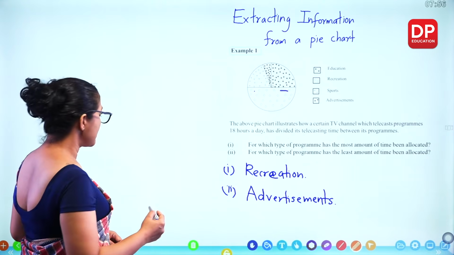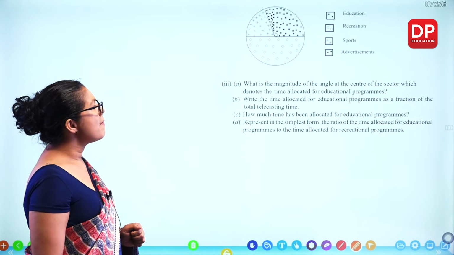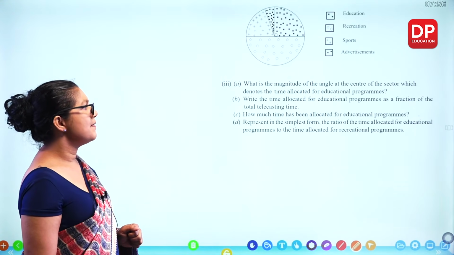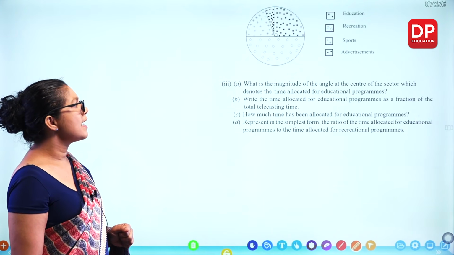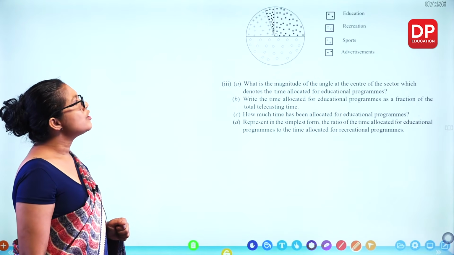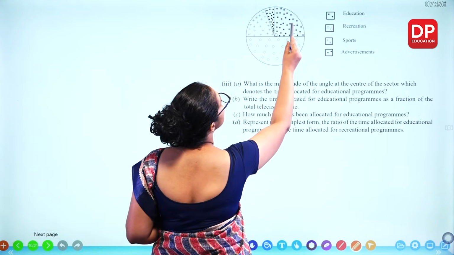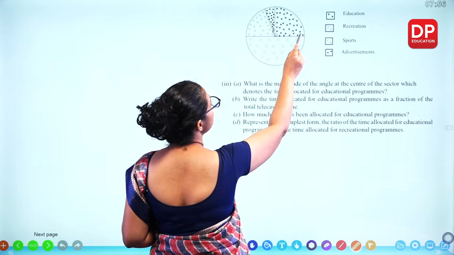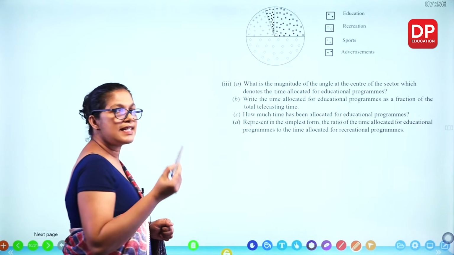Now we'll see the next question. Same pie chart. The next question says, what is the magnitude of the angle at the center of the sector which denotes the time allocated for educational programs? Now, educational program, we can see this is this one. So here it's given 90 degrees.